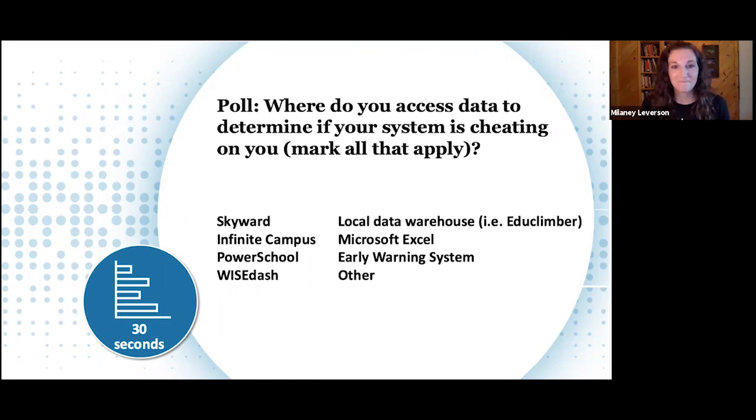And 82% of the people have voted, so I'm going to end the poll now. And here are the results. Wow. Yes, you can see a local data warehouse has the majority of the responses, followed closely by Skyward. And people are accessing WiseDash. That's awesome. Yes.